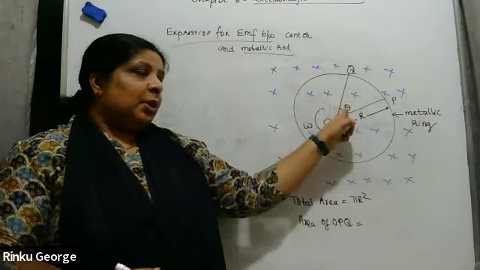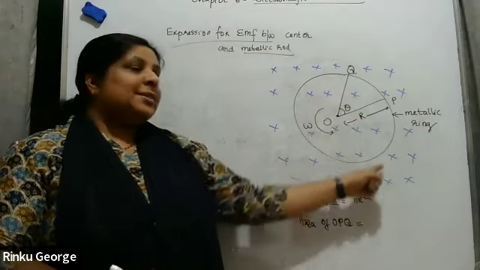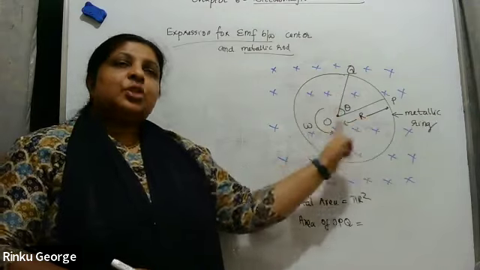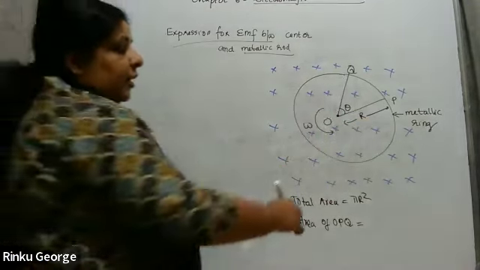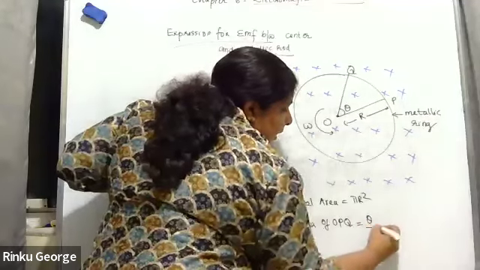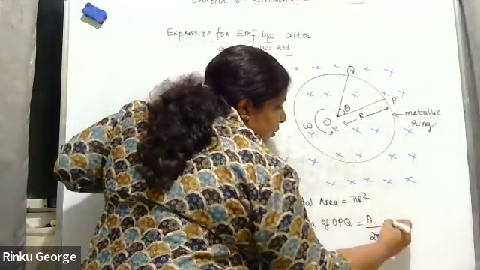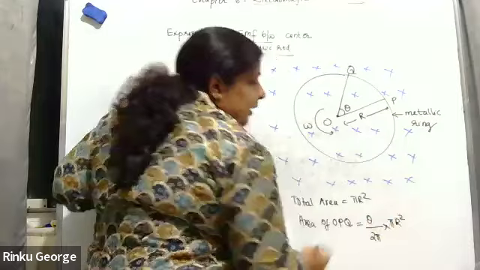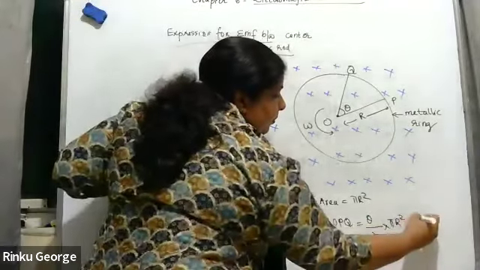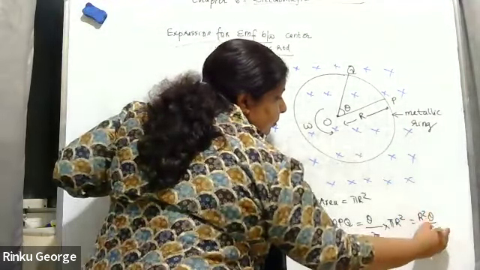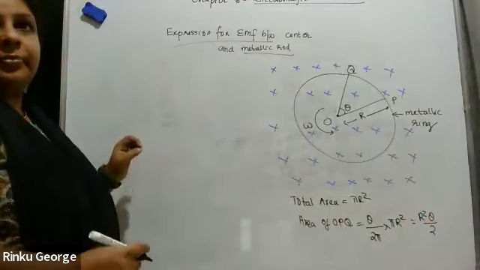Theta is the small angle, 2 pi is the total angle. Into pi r square, you will get the area of the sector. So it is r square theta by 2.